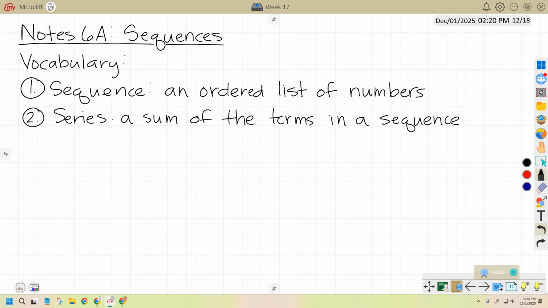The other two words have to do with how we define a sequence. And we have two ways to define sequences. We can define them with an explicit formula or with a recursive formula. We'll start with explicit.